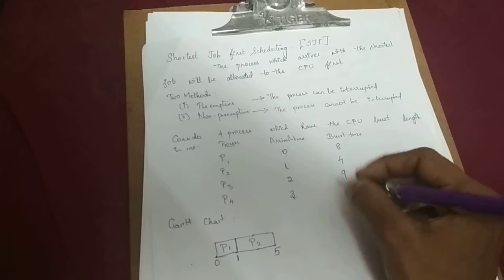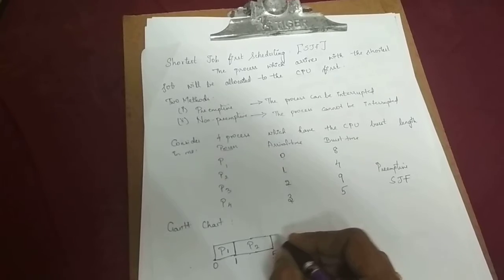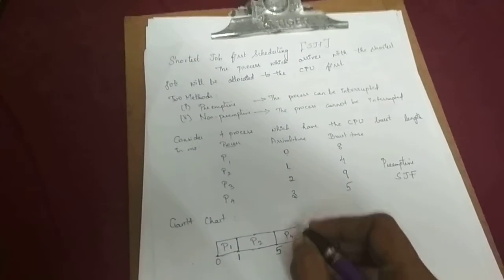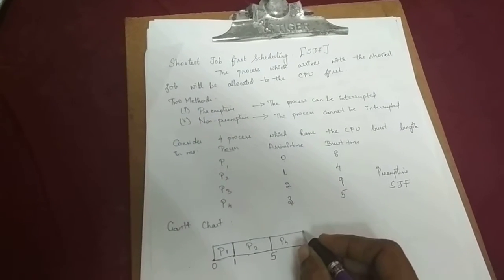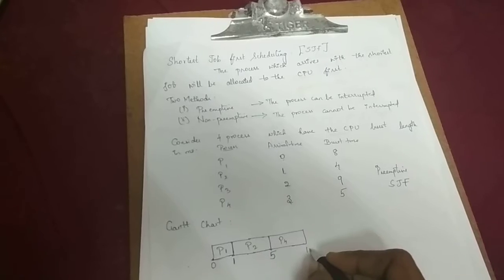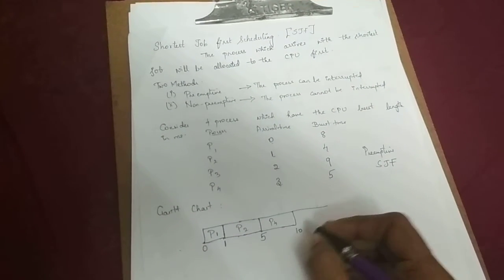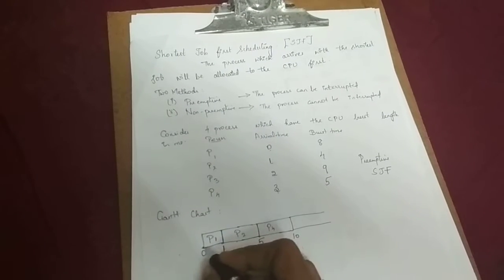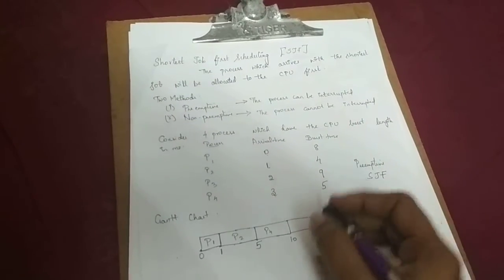Now from this point we again check which has the shortest burst time. The next one is P4, which has the shortest burst time. For the next 5 seconds, P4 is going to execute, so we reach 10. Then we have P1. Previously it was executed for 1 unit of time, so its burst time is now reduced by 1.